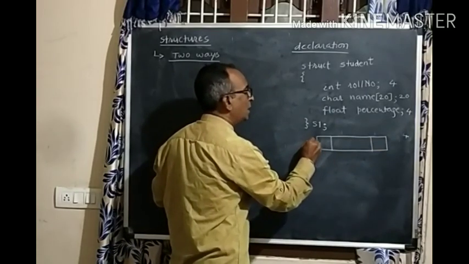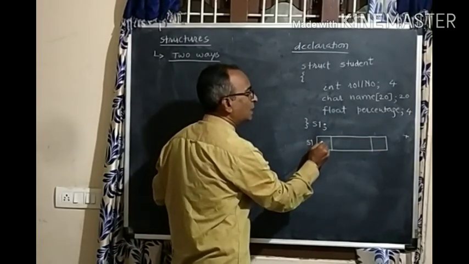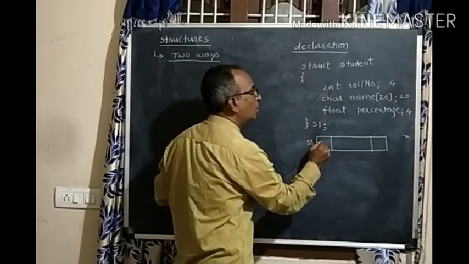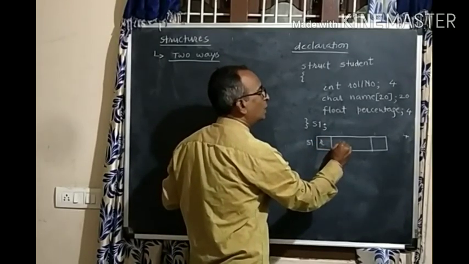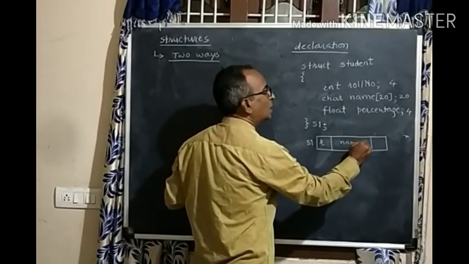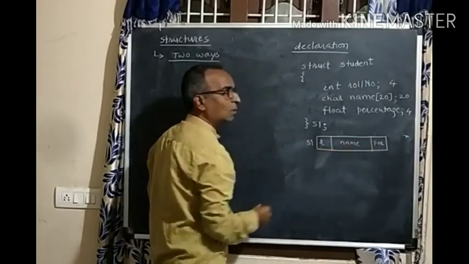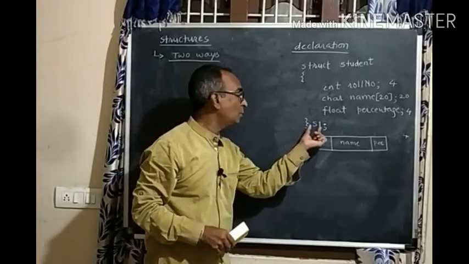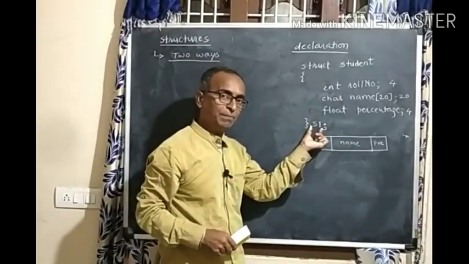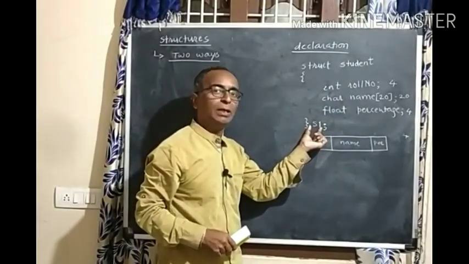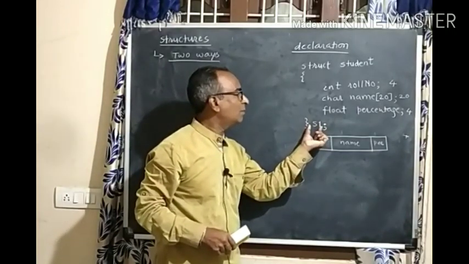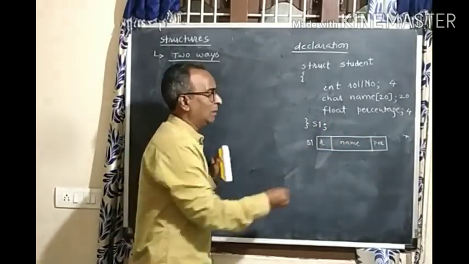And this is named by s1. This will be for storing roll number. This will be storing name. This will be for storing percentage. So this much memory is allocated for s1 when you create variable of that type. Right? This is one way. Now you can create many number of variables also here.